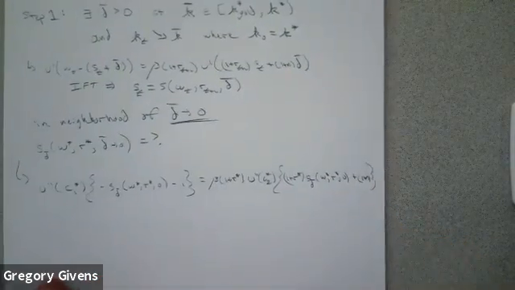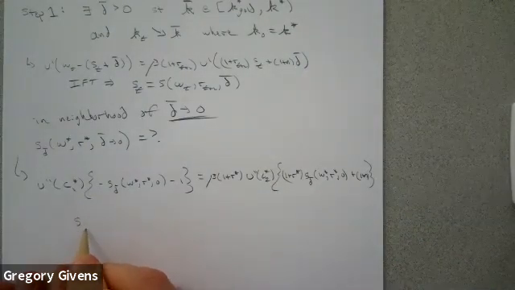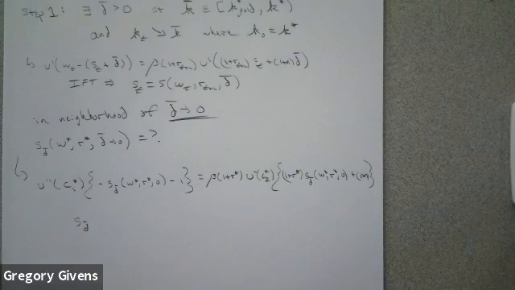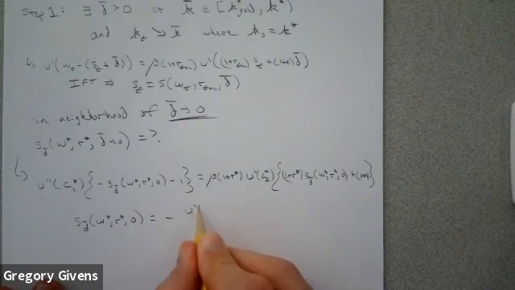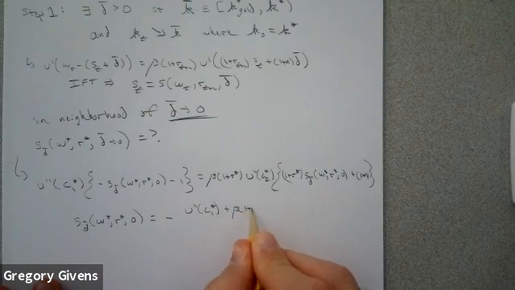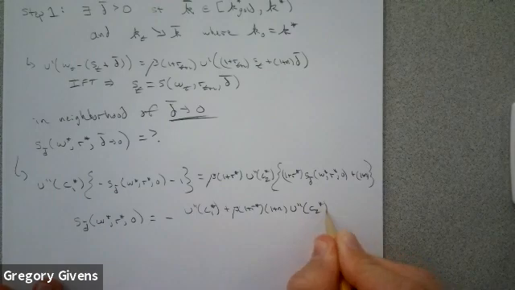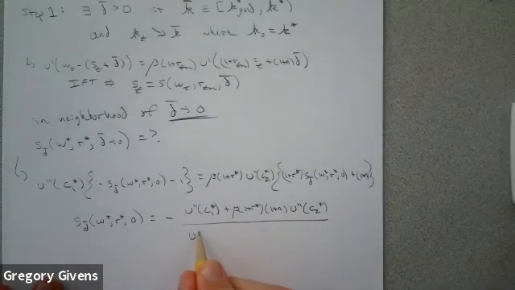So it's the same problem that we analyzed on the previous page. Therefore, the derivative of savings with respect to the Social Security payment in a neighborhood of 0 Social Security should be equal to negative U double prime of C1 star plus beta (1 + R star)(1 + N) U double prime of C2 star, all of that divided by the same thing except with a (1 + R star) squared.